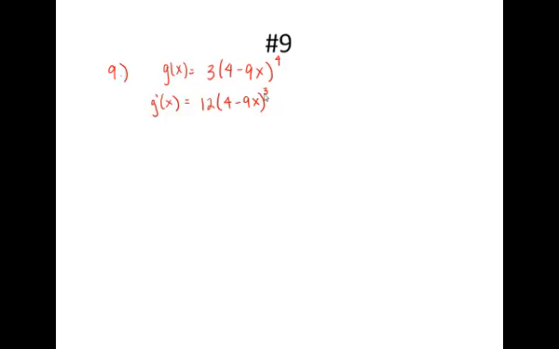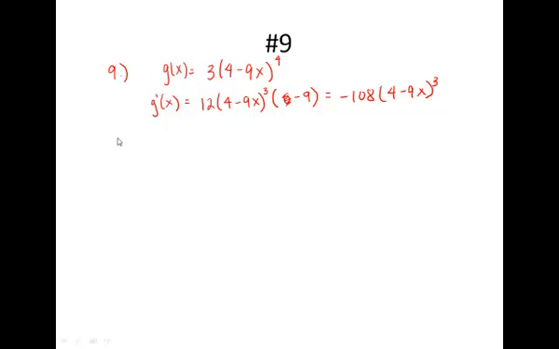And then reduce that exponent by 1, and then multiply it by the derivative of this inner function. It's a constant, so it's going to be 0 minus, and then we have this 9x. In the end, when you derive that carefully, you're going to get negative 9. So when you simplify this all, you just have negative 9 times 12, which is negative 108, and then 4 minus 9x cubed.